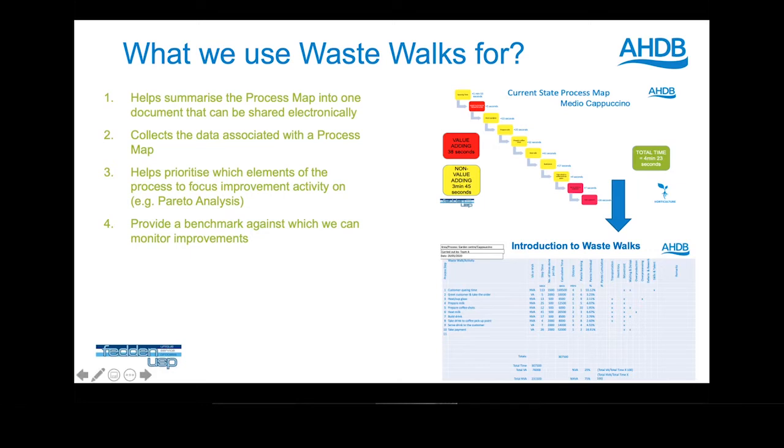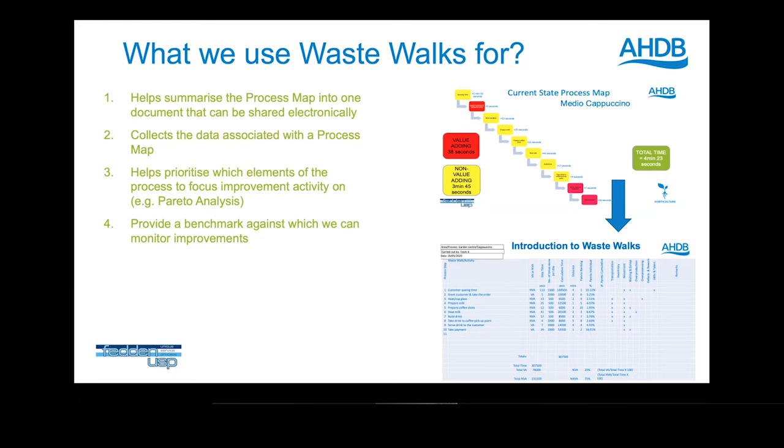I mentioned a little bit about the Pareto analysis. So this is a type of analysis that we do to identify where the biggest amounts of waste are within the process. So the waste walk starts to guide you down which areas of the process we need to focus our attention on.